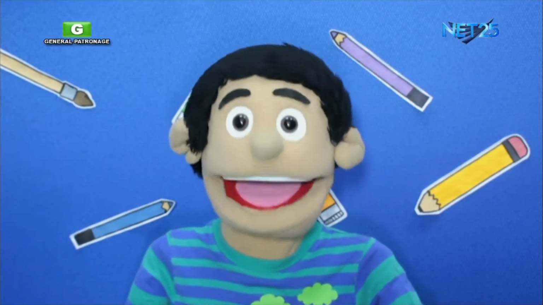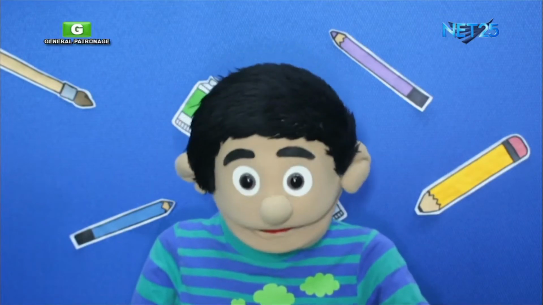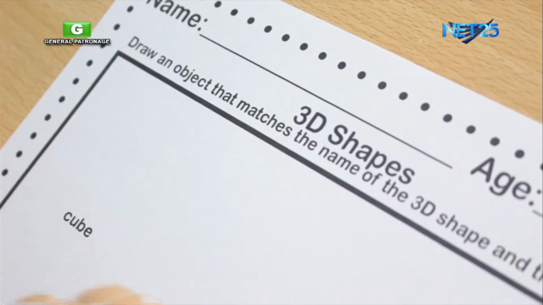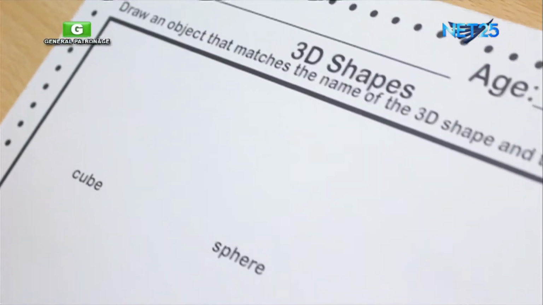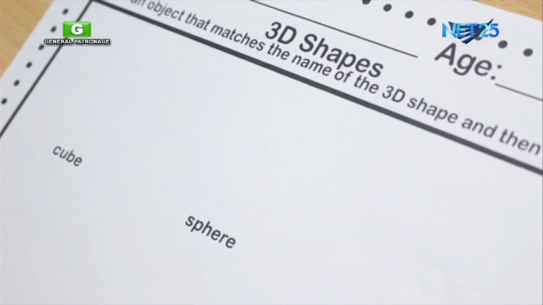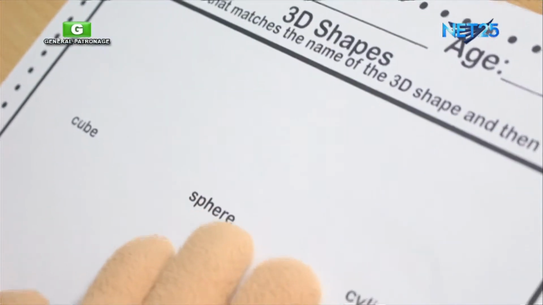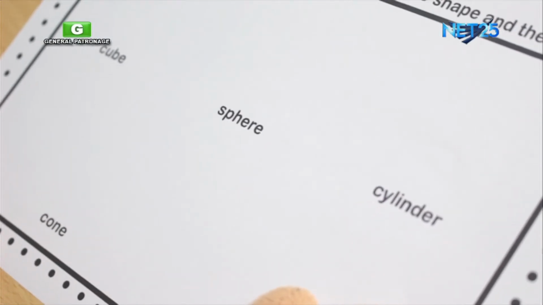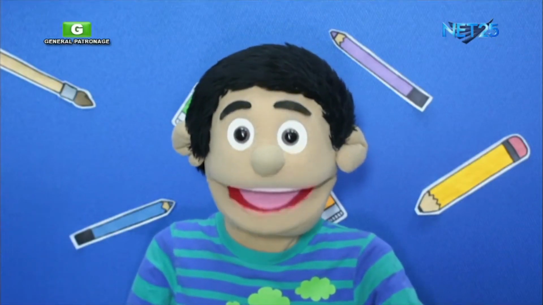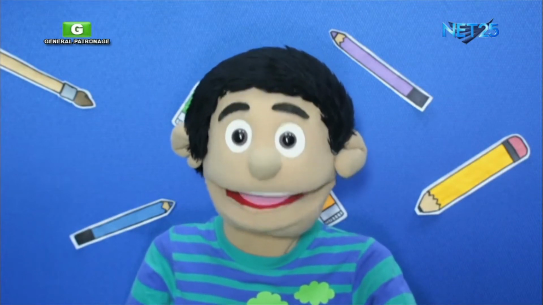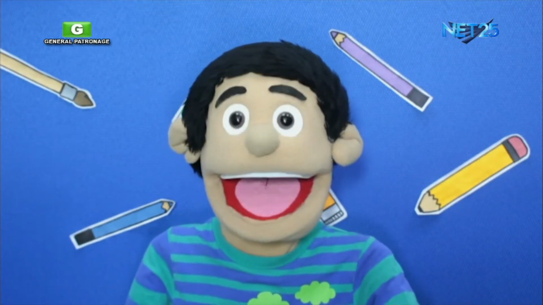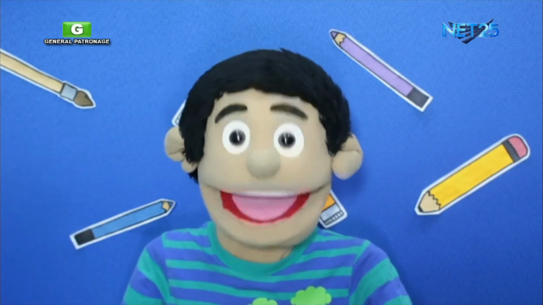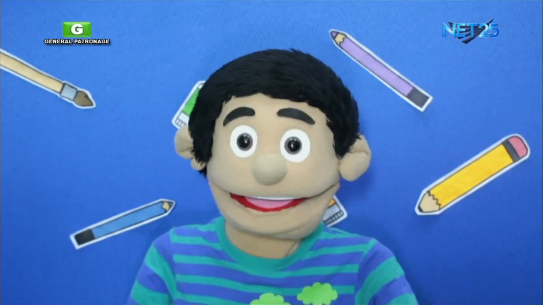Let's practice reading first. Cube, sphere, cylinder, cone, and pyramid. All right. Let's start with the cube first. We know that the examples given earlier were a dice, a Rubik's Cube, and some wooden blocks.